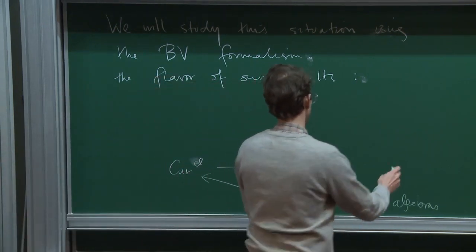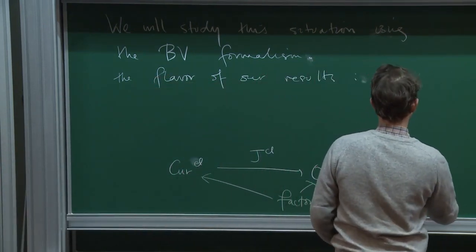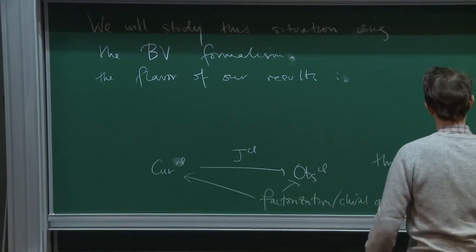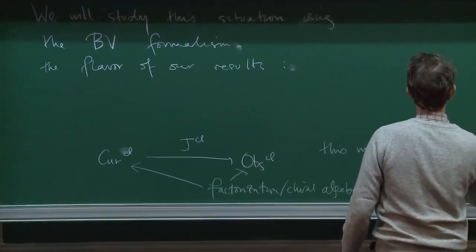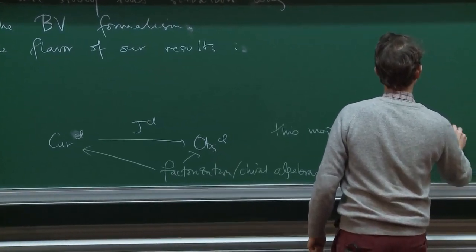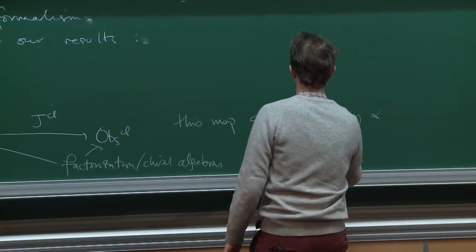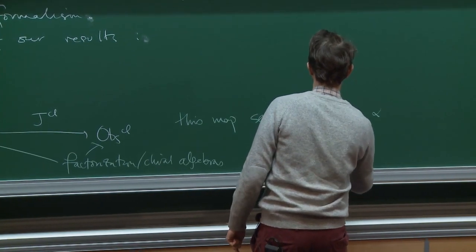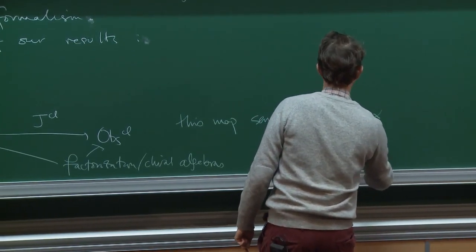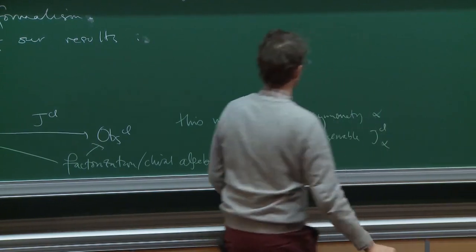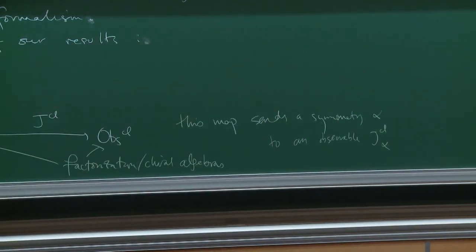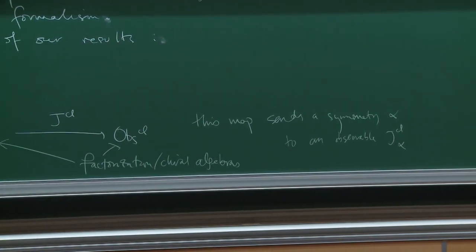So this map sends a symmetry, e.g. alpha here, to an observable depending on alpha. So this is sort of the Noether theorem in action.